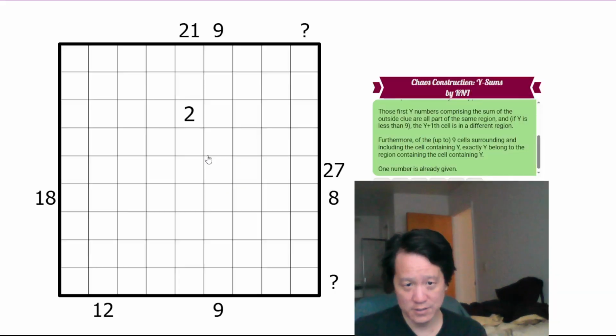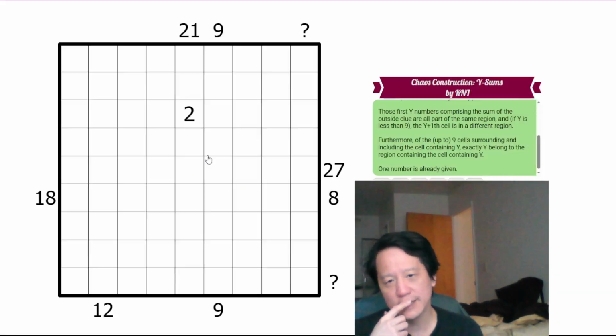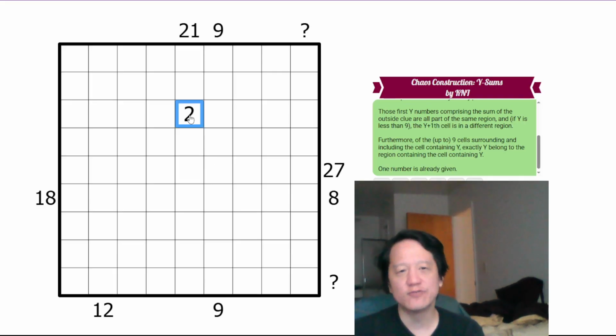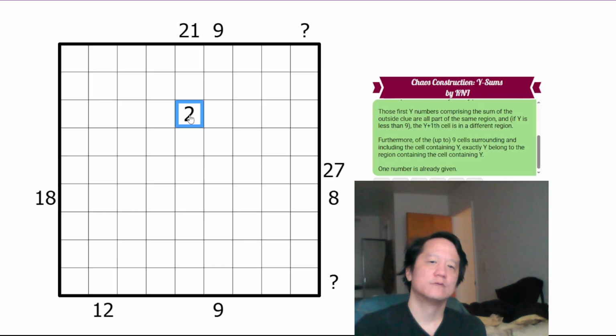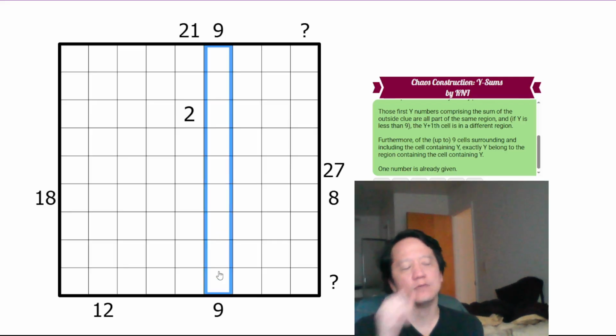Let's go. Okay. So this can never be the y because of that. Y can never be 1, though.